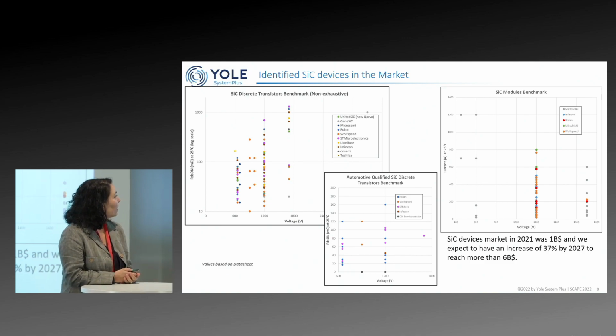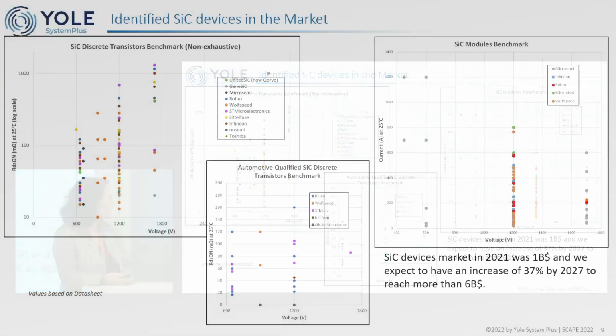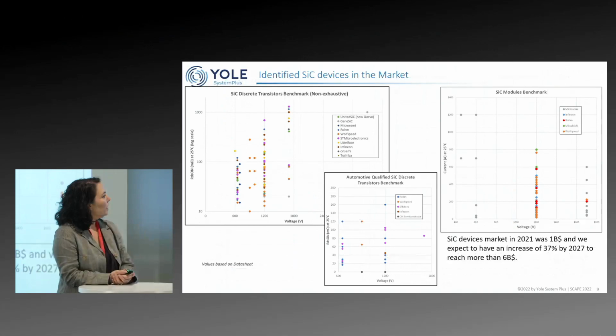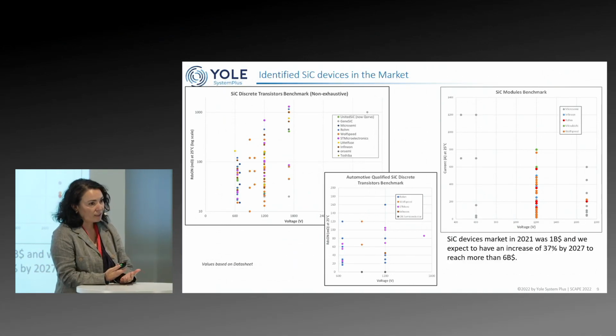At the beginning, four years ago, there were just a few 1,200 volt devices and some 600. Now we are flourishing on 1,200 volts. Some players have Gen 6 and proposed 3,300 volt discrete devices. And more and more companies are obviously automotive qualified.